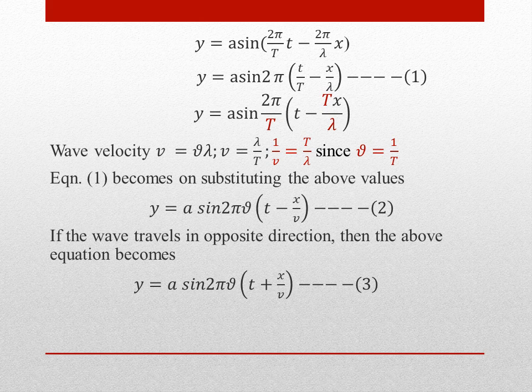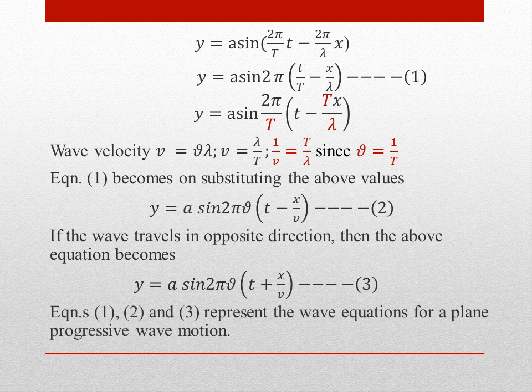If we have the wave travelling in the opposite direction, then expression 2 has a small change in sign and it is written as small y is equal to a sine 2 pi nu into t plus x by v. This we call as equation 3.